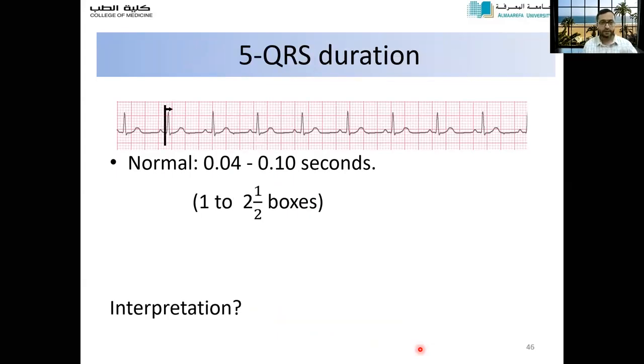Next, QRS duration, from the beginning of the Q to the S completely. You know that normally it's very narrow, 1 to 2.5 small squares. The value here, if you count, is 2 small squares. So 0.08 second, because 1 small square is 0.04 second. So it is a normal duration for us.